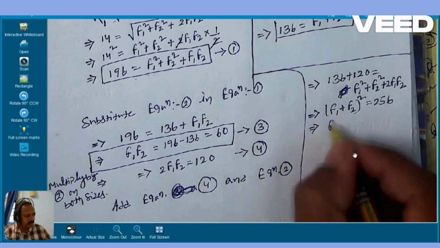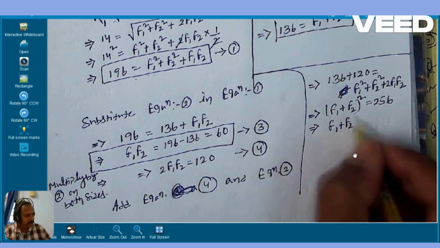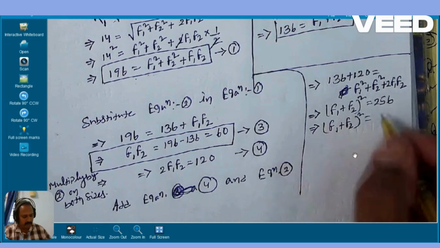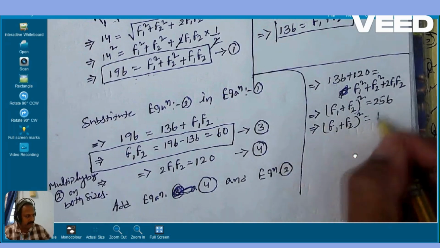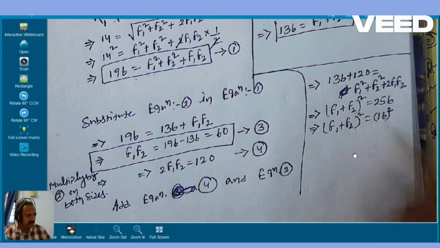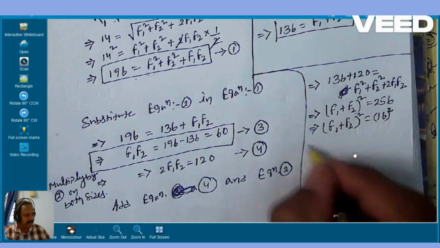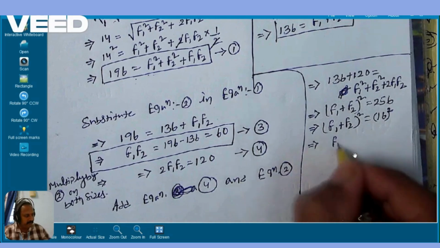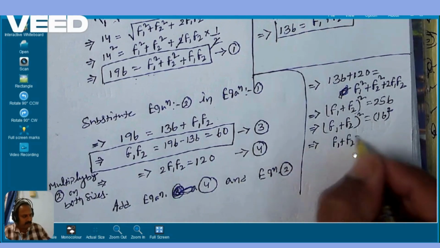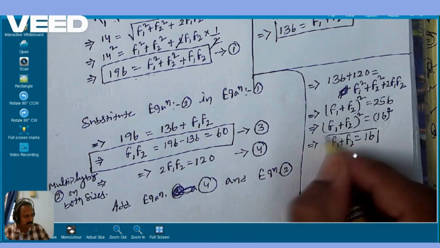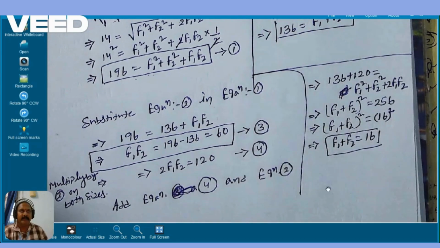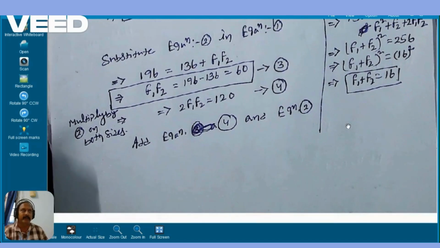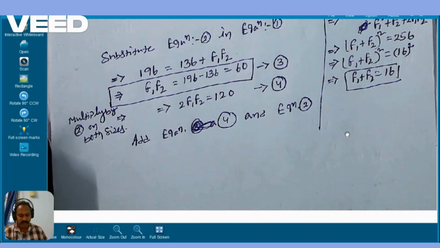So this is nothing but f1 plus f2 whole square is equal to 256, which is 16 square. Okay, so the square gets cancelled, and we get f1 plus f2 is equal to 16. So this is one equation you are getting, f1 plus f2 is equal to 16. Clear?